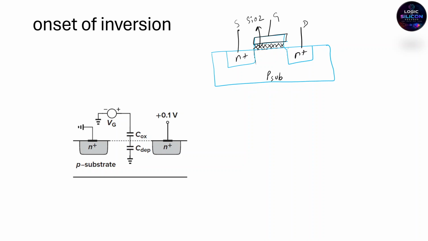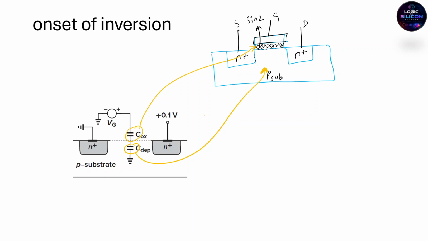So what's happening is, this particular capacitance is because of this region, right? And this other capacitance is getting formed because of this depletion, whatever is getting formed here.